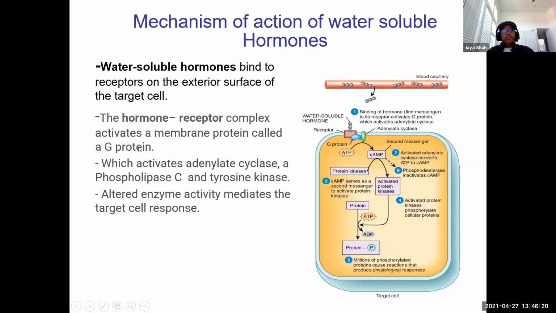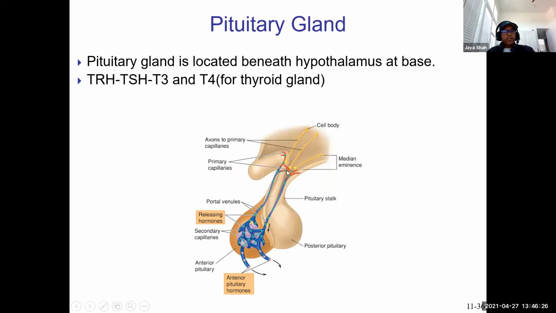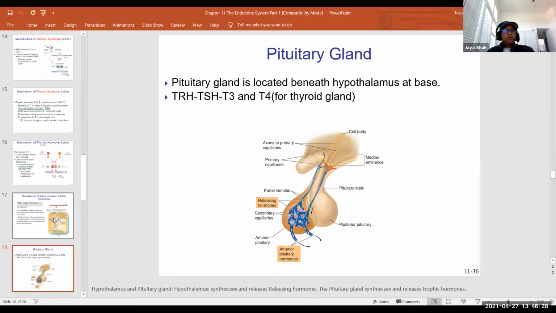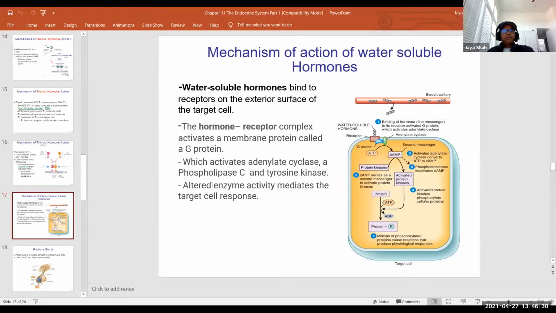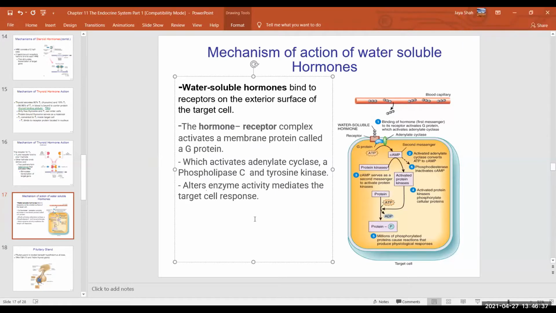And once they activate these enzymes, that alters... Enzyme activity mediates the target cell response.